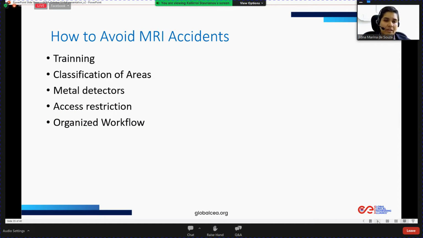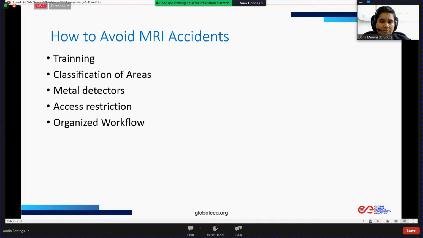First of all, training. The whole team must know the safety rules for MRI exams. Classification of areas to identify potential risks in each place of an MRI service. Some hospitals also apply metal detectors to reduce the chance of the presence of ferromagnetic materials inside the exam room.